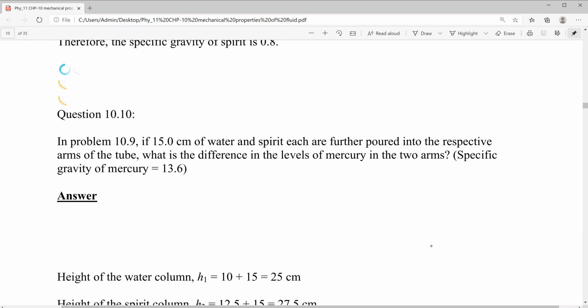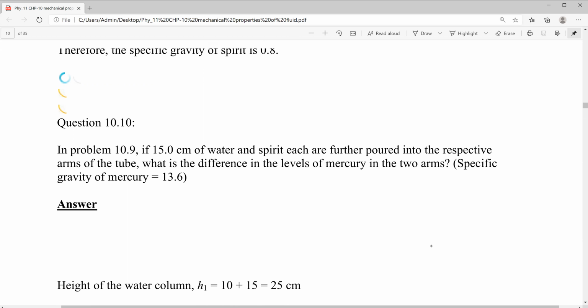So in the problem 10.9, 15 centimeter of water and spirit each are further poured into respective arms of the tube. What is the difference in the levels of mercury in 2 arms? Specific gravity of mercury is 13.6. Means in order to solve this problem, we have to again draw the diagram of the previous problem, that is 10.9.